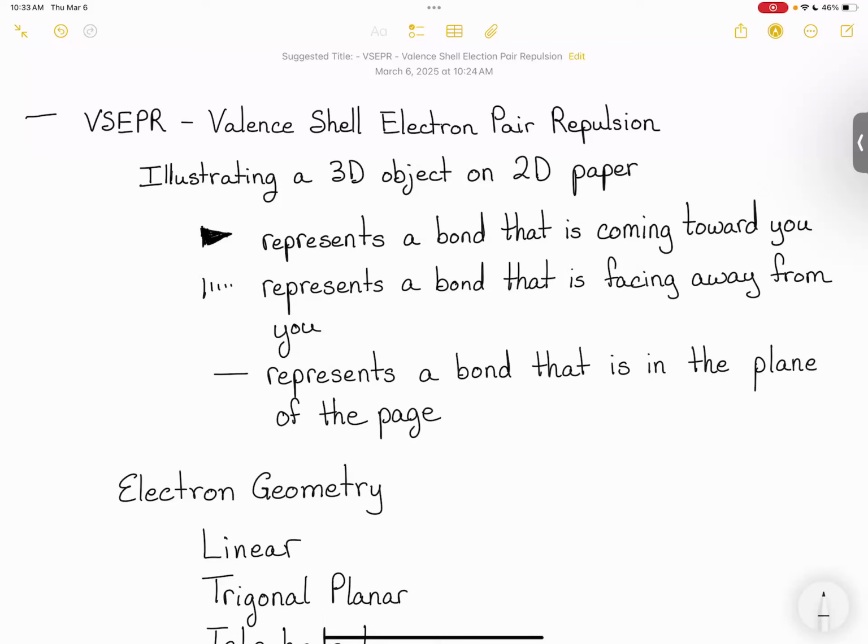Do they increase going up, going right, going left or down? They increase going up. So this is a polar molecule, and therefore you would draw a dipole moment arrow.